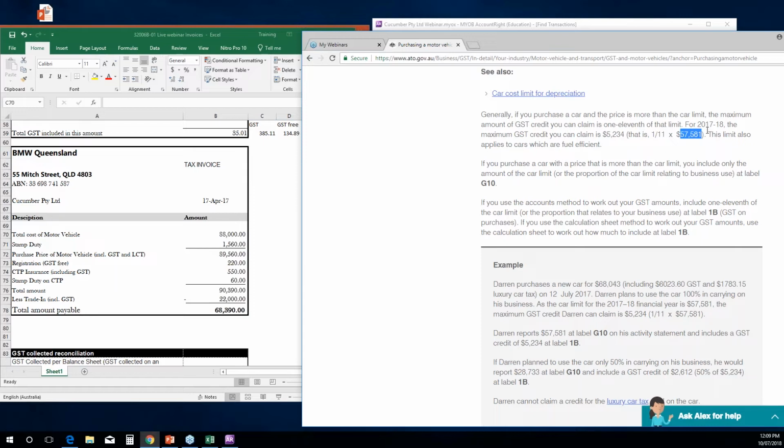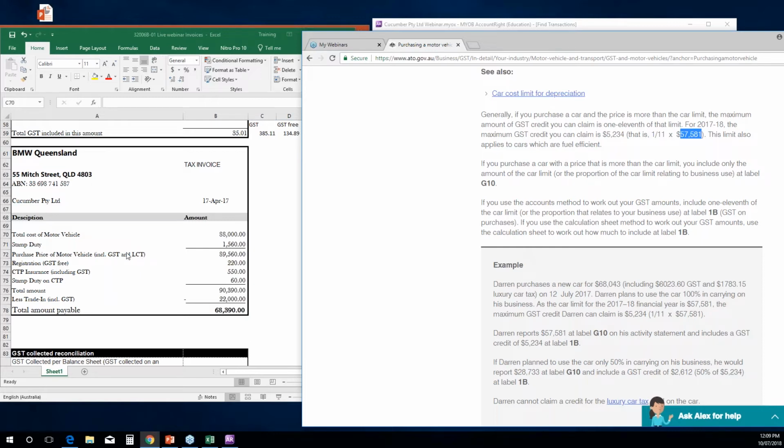So a lot of you are confused with luxury car limit, so maybe we will have to pay that. But if you see the invoice, it says the motor vehicle price includes LCT already. It will be paid to the dealership, and the dealer will pay this to the ATO. So we are not really responsible to pay LCT to the ATO, right? So it will be part of the car cost.